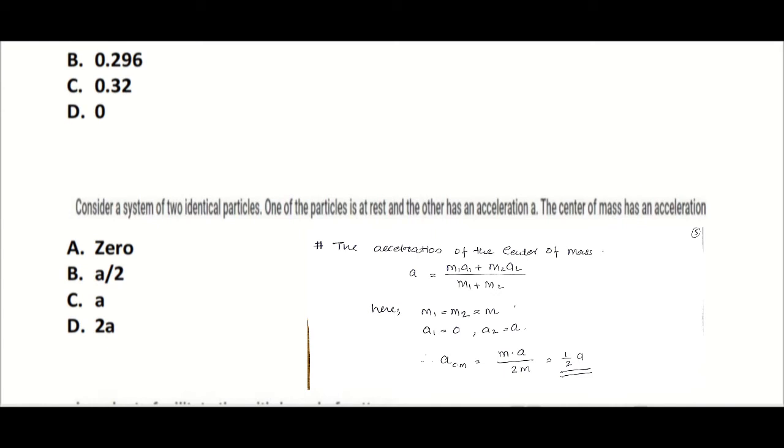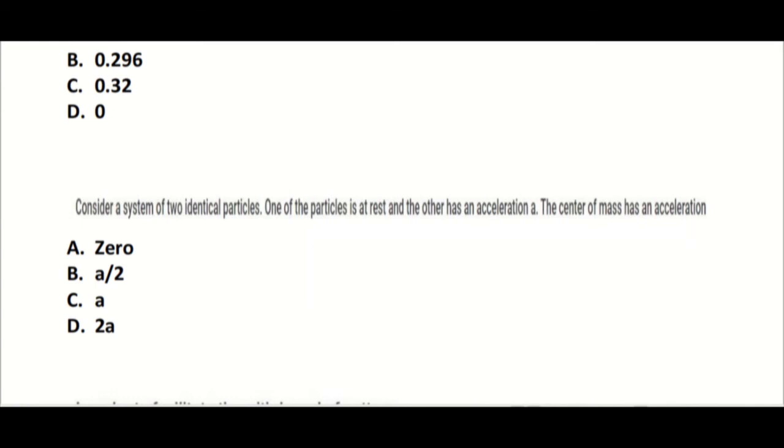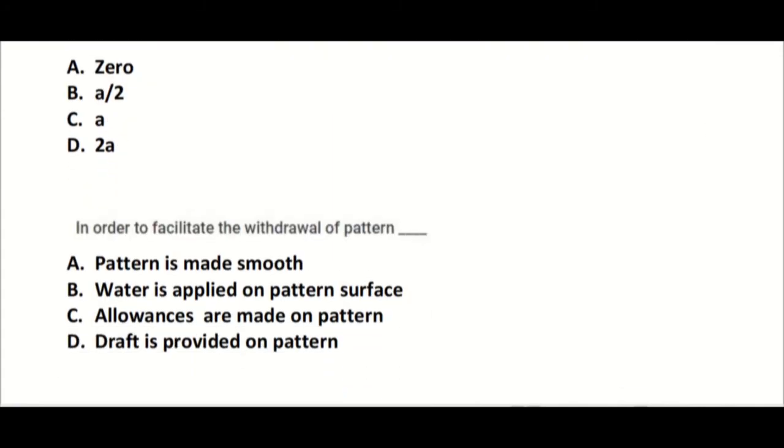Here m1 is equal to m2, equal to m, the first body's acceleration a1 is equal to 0, and the second particle's acceleration a2 is equal to a. Substituting the values into the equation, we get a by 2. Option B, a by 2, is the right answer.